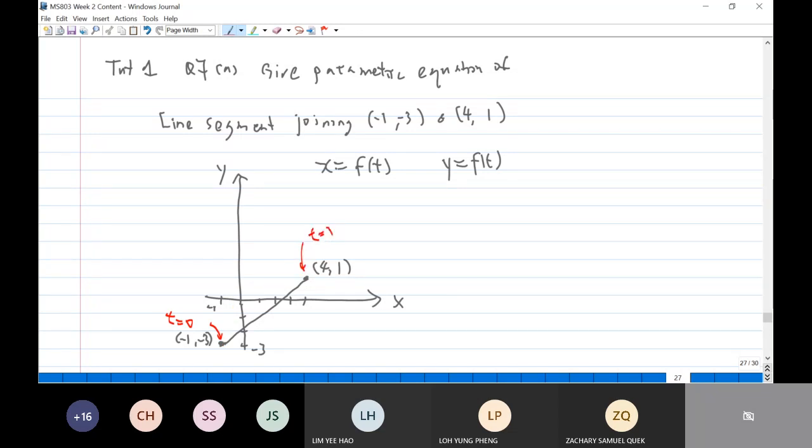There are many possible answers, and this is one possible answer here. So t equals 0, and then t equals 1. Anywhere in between, x(t), y(t) is a straight line.